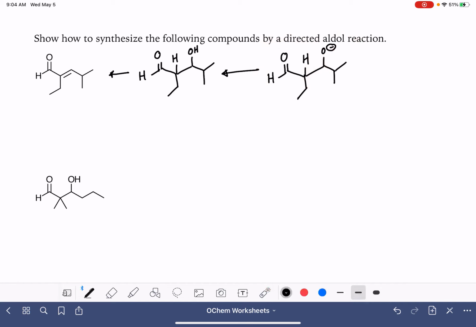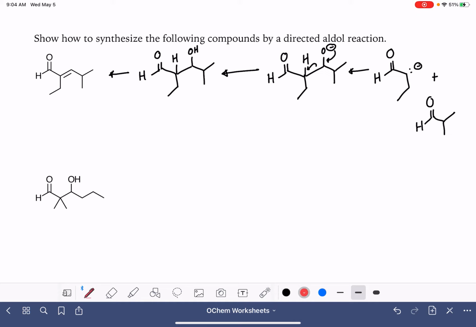So let's try that. We're going to move that bond down, and then we're going to break that particular carbon-carbon bond. And if we do that, we are going to get this molecule right here as an enolate, and we are going to get this molecule right here.